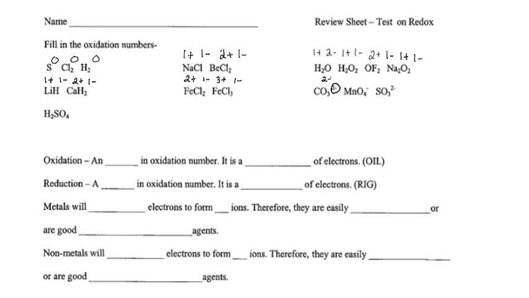Oxygen is -2, but there's 3 of them, so carbon has to be +4. MnO4-, oxygen is -2, there's 4 of them, so Mn has to be +7. SO3 2-, oxygen is -2, there's 3 of them, so sulfur has to be +4.